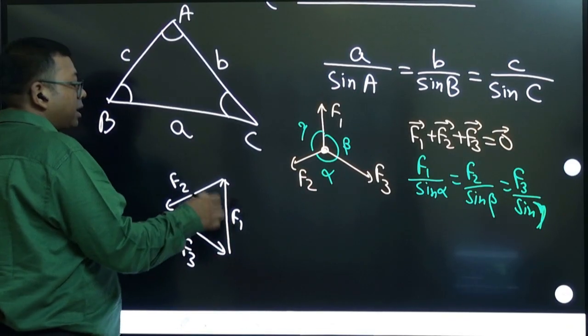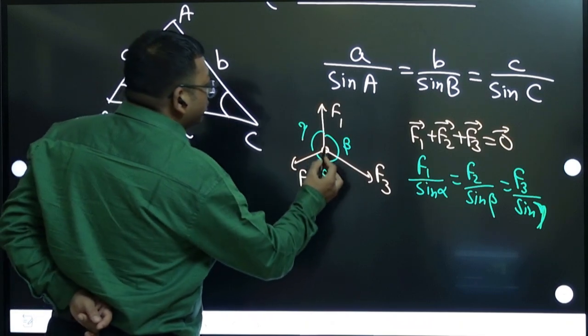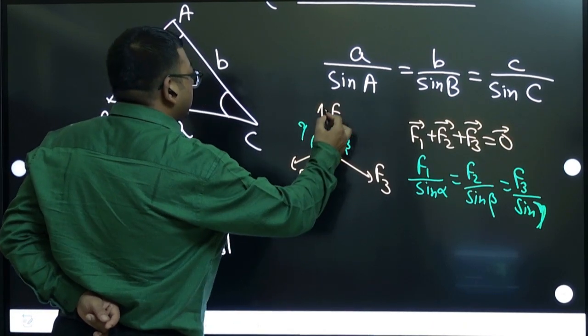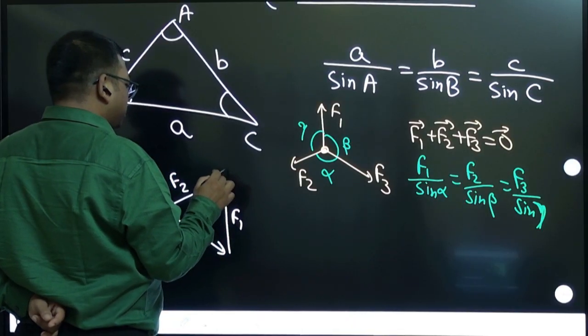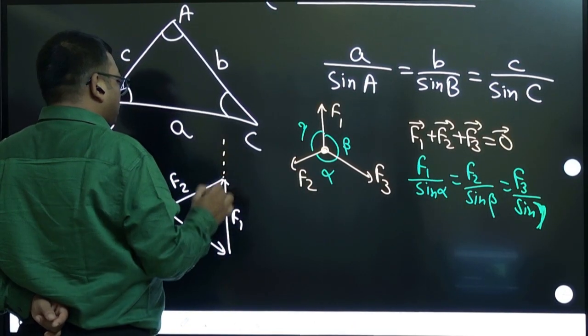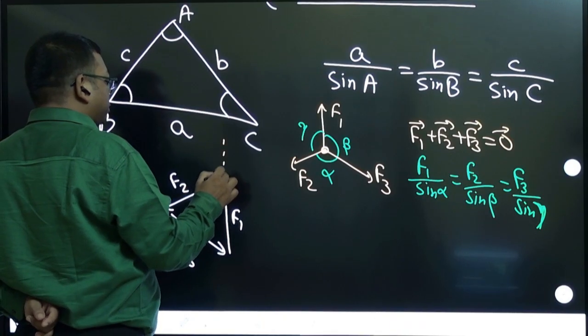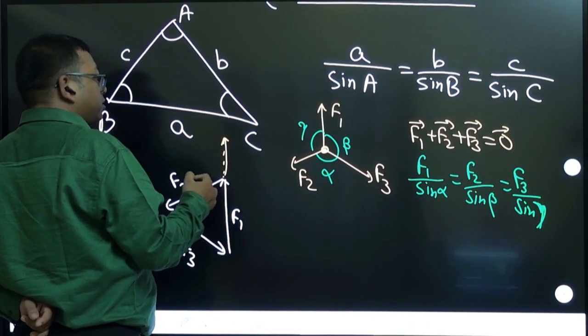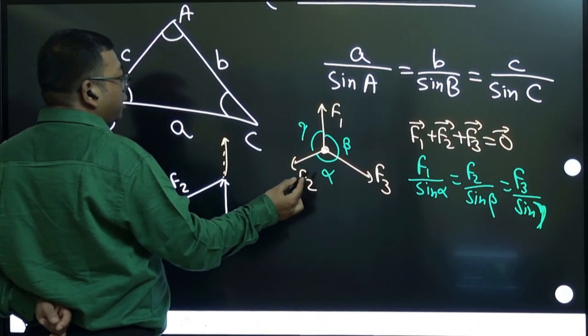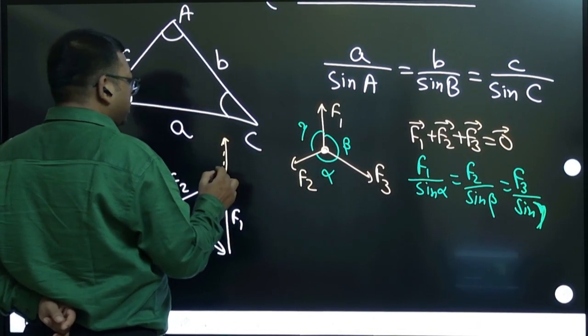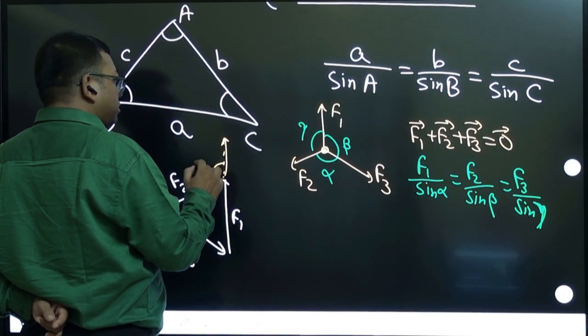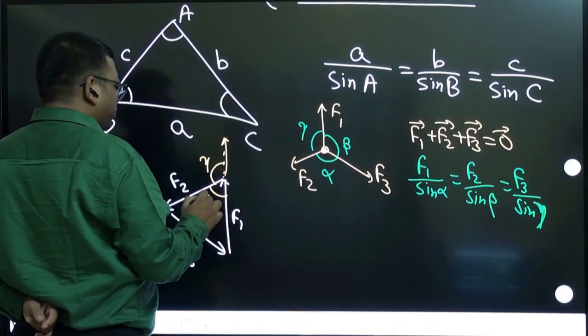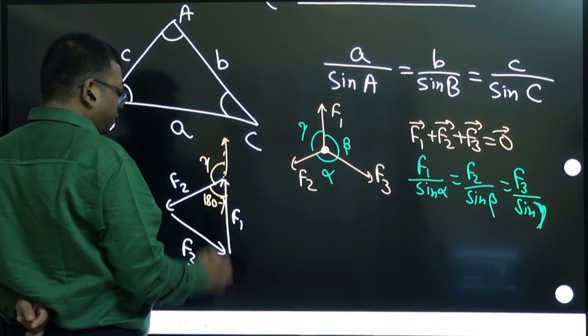Now tell me the sides and angles of this. If this is F1 and this is F2, note that this is the direction of F1, and this is the direction of F2. So the angle between F1 and F2 is gamma, so this will become 180 minus gamma, right?